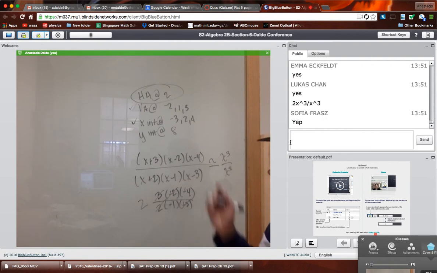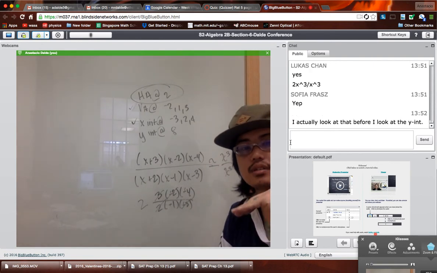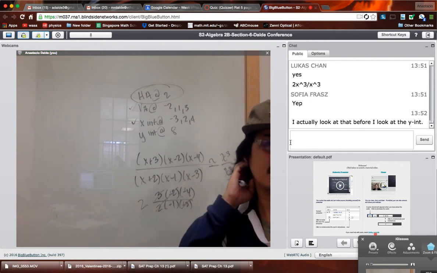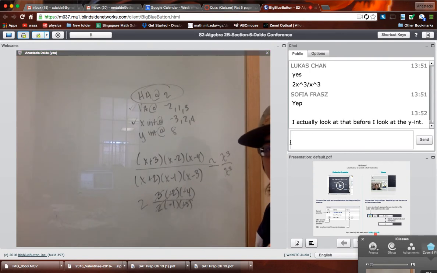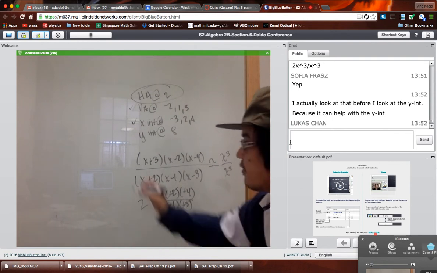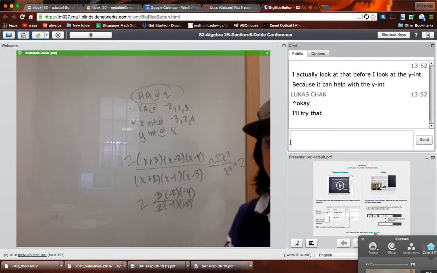The degree on bottom is x cubed, which is equal to 1. That gives me a horizontal asymptote at 1. Do you see what I mean? But what I really want is for the horizontal asymptote to be at 2. So if I put a 2 out here, that's going to make it 2x cubed over x cubed, which is a horizontal asymptote of 2. Does that make sense?